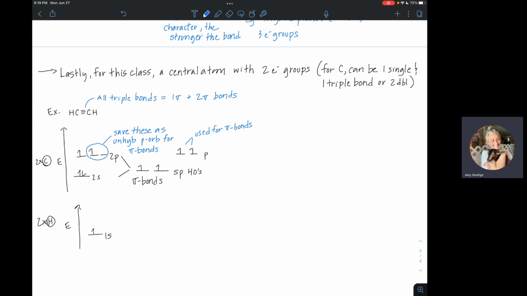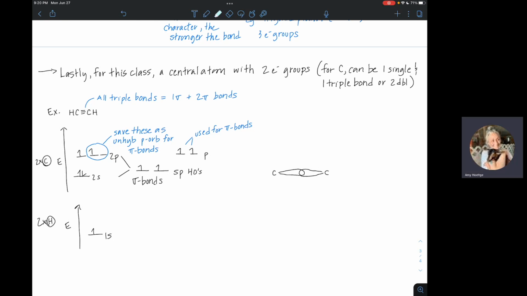Right? So you can draw this out. Each carbon is going to have that set up. So what do we have? We have 2 hybrid orbitals. First hybrid orbital, I'm going to draw along the internuclear axis, overlapping with the other hybrid orbital on the other carbon. So each one of those carbons is going to use one of those hybrid orbitals, half filled with an electron.